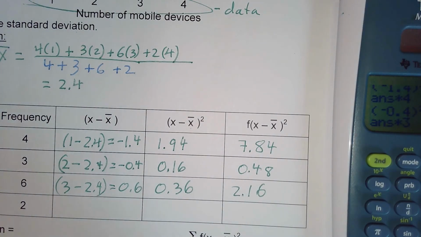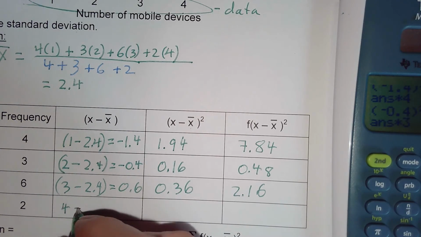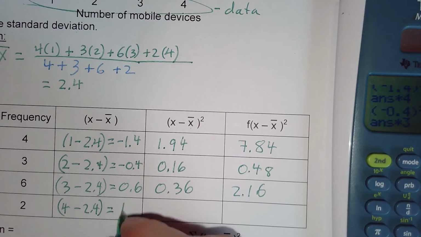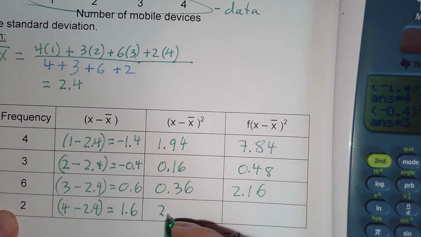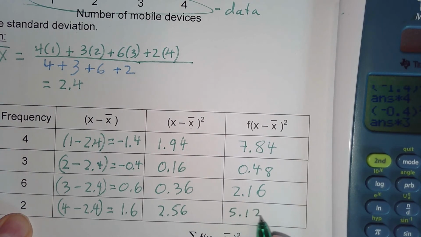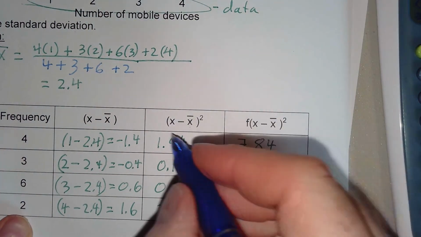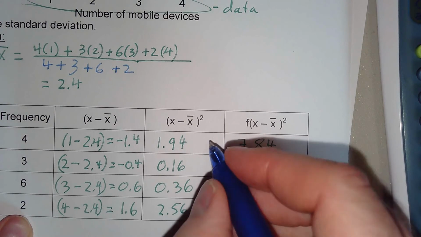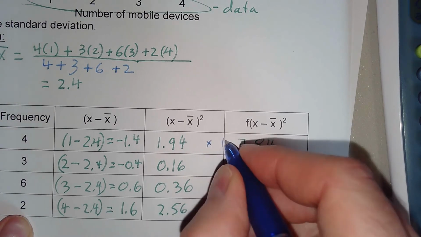And then find my last data value, 4 minus 2.4 is 1.6. Square it, it'd be 2.56. And I'm going to multiply that by 2, so that gives me 5.12. So what I'm doing here is, after I calculate x minus x bar squared, I'm just timesing it by the frequency.